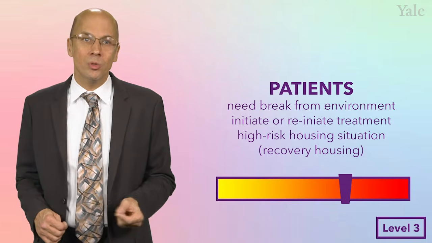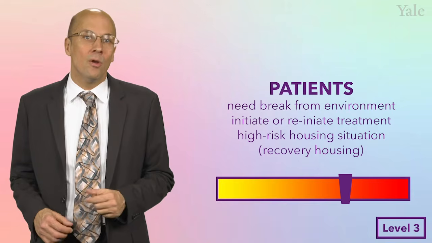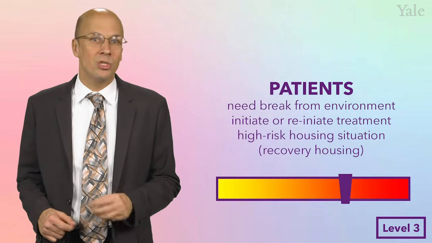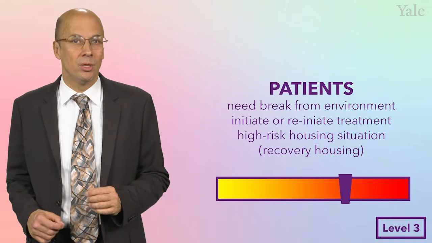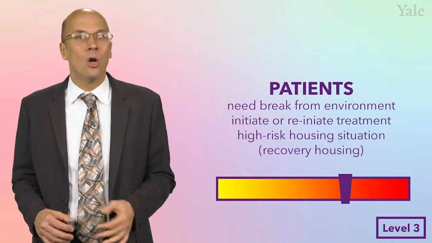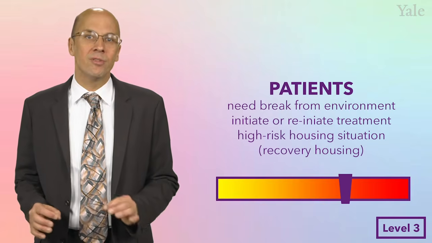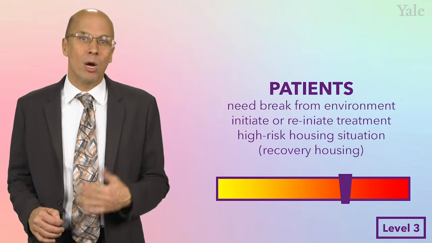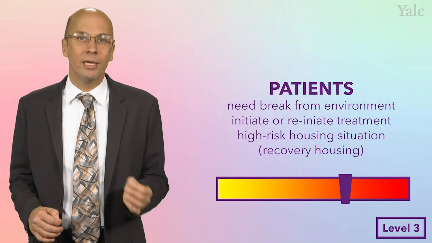Residential settings also include recovery housing for those whose current housing situation is too high risk to return to. Recovery housing provides long-term recovery support. Quality recovery houses follow set standards and require ongoing monitoring while encouraging treatment engagement.